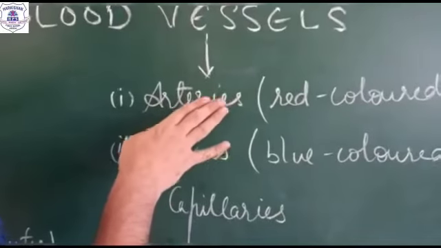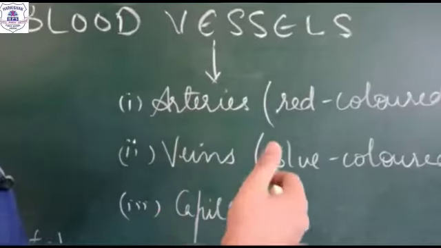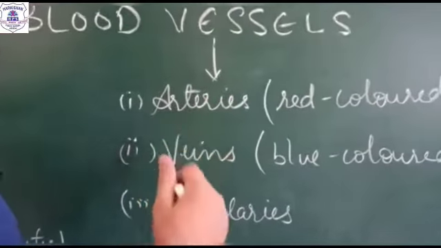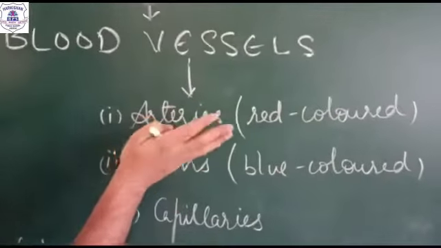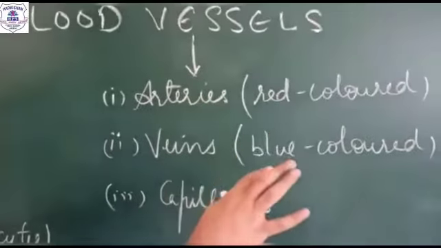The reason is that whenever the blood is pumped into the arteries, it is at very high pressure, so in order to tolerate this very high pressure, these arteries have very thick walls.